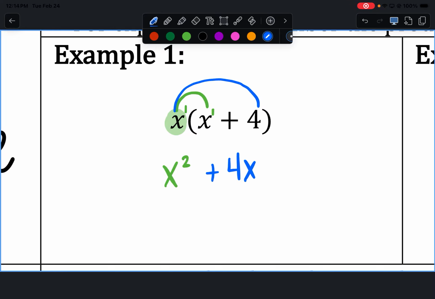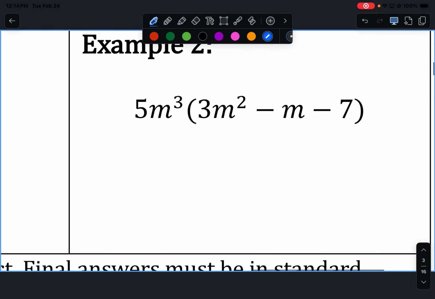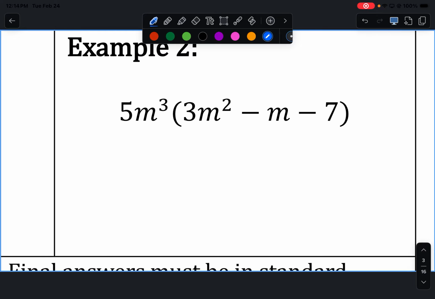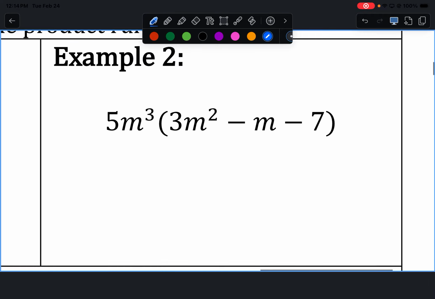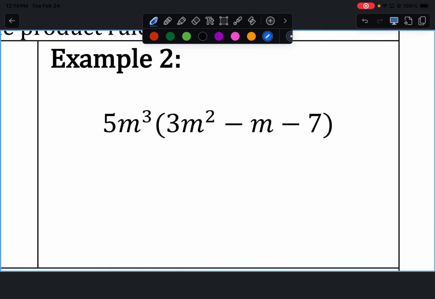Now we're going to look at example 2. With example 2, we're going to multiply 5m to the third power times a trinomial. How many different things am I going to have to multiply? 3. Yep. So we're going to do 5m to the third times 3m to the second. What is that going to be? 15m to the fifth.